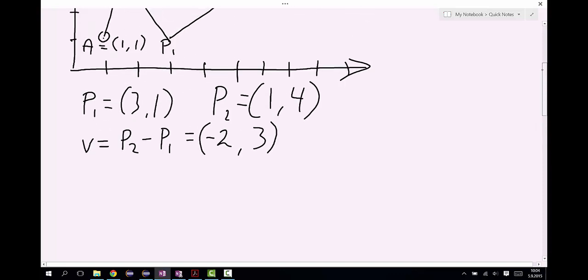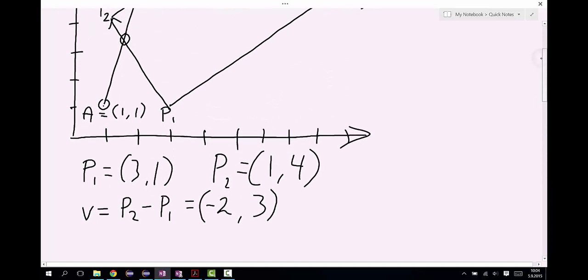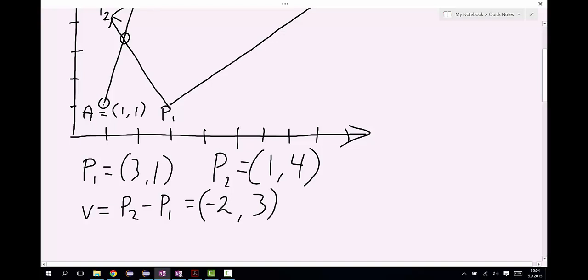What we're interested in now is, this is a vector that's parallel to the line that we're going to be looking at, but we want a vector that's perpendicular, so we're going to just say n equals v perp, which, if it's going that direction, would then be (-3, -2).